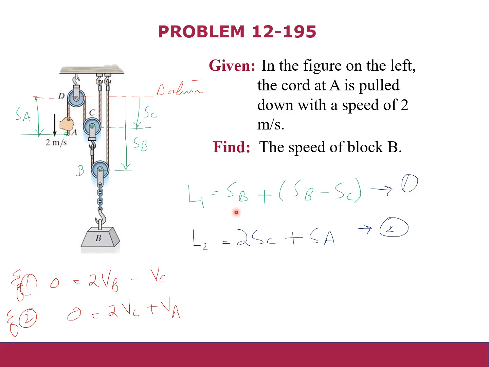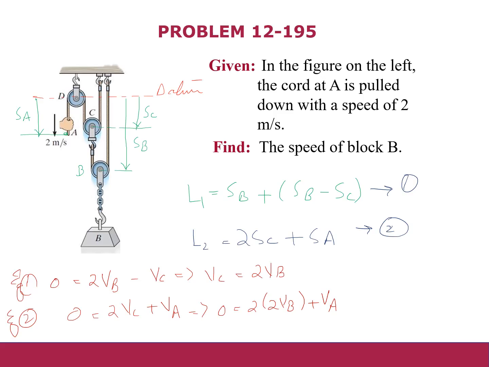Over here you can solve it. So this VC will become 2VB, right? And when you put the value in equation 2, it will become 0 is equal to 2VC, which is 2 times 2VB, plus VA, right?